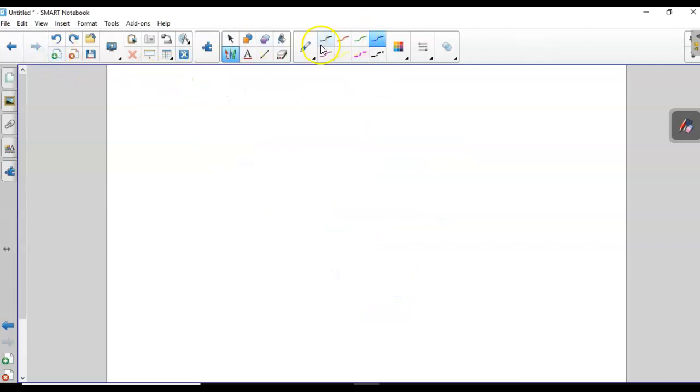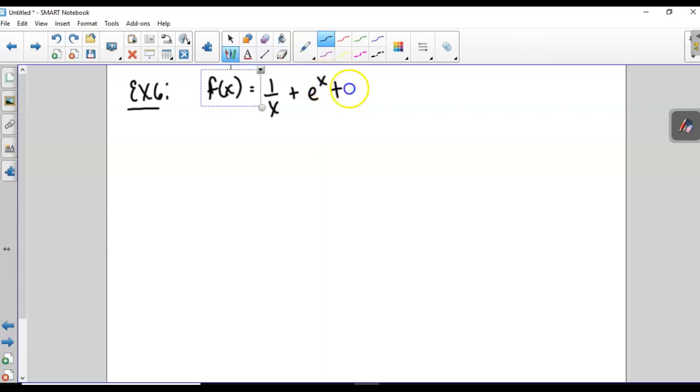We also could have a problem that would look like this. We might have f of x equals 1 over x plus e to the x tangent x, like this.